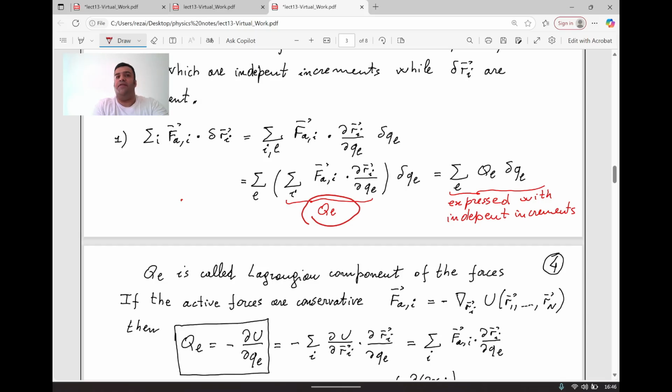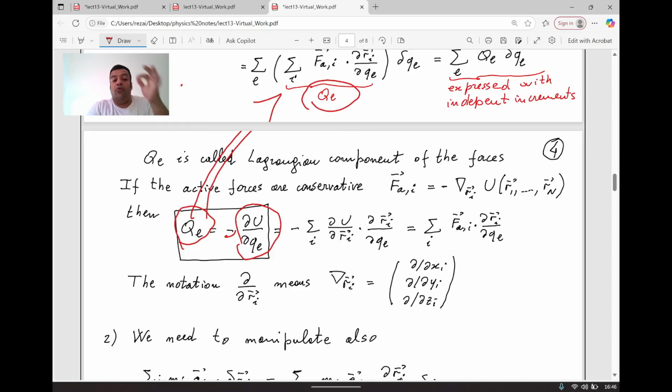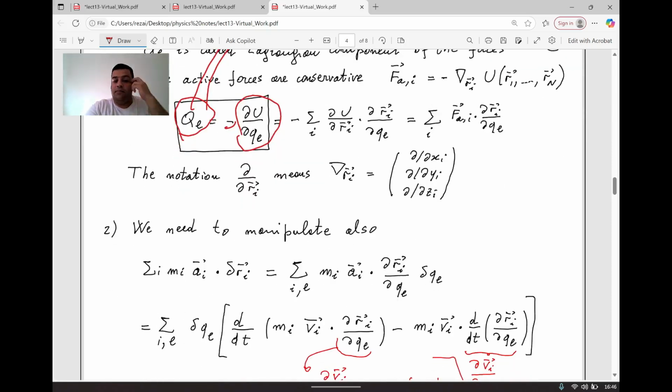Also, you know, if you take the derivative of the potential energy with respect to the new generalized coordinate, the potential U exactly gives F, and therefore minus the partial derivative of U with respect to q exactly is Q_l, which we calculated in the previous one. Yes, okay, but we are right now in the important part of our calculation.